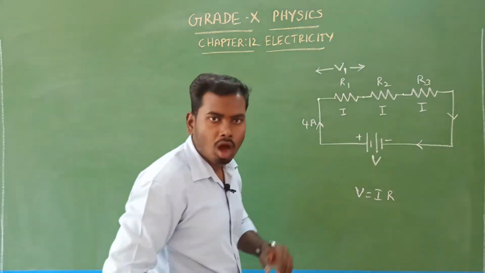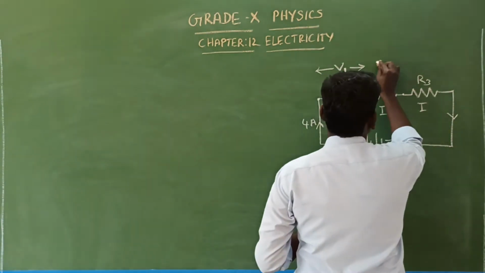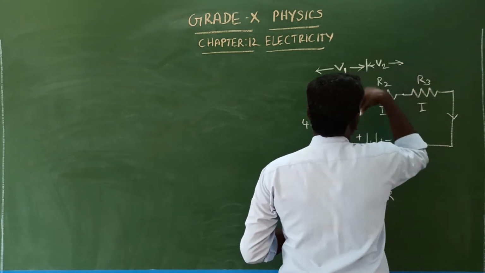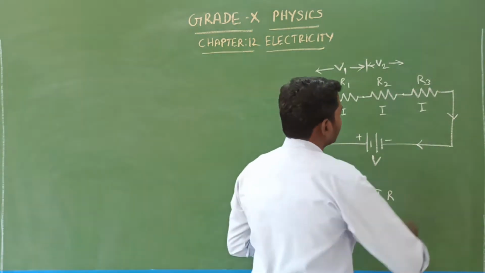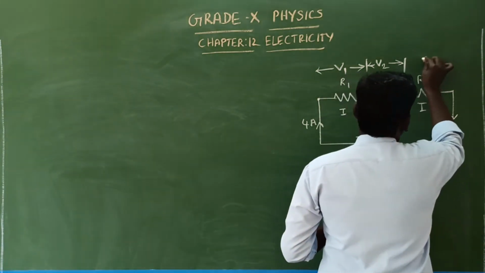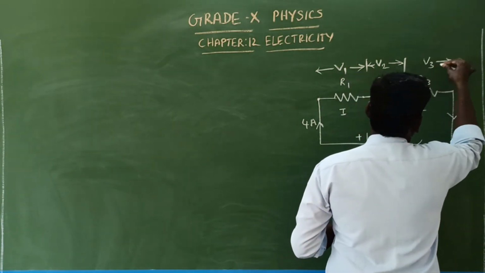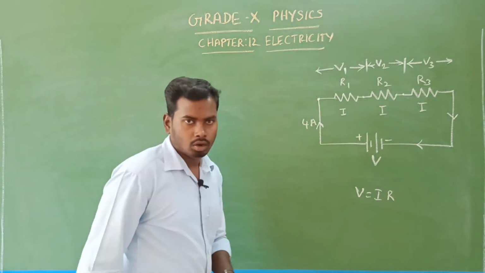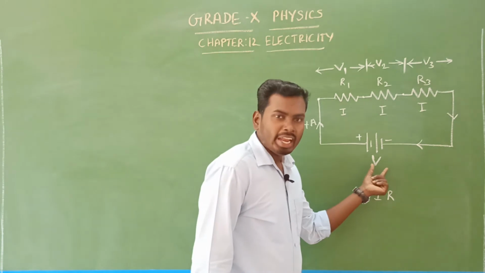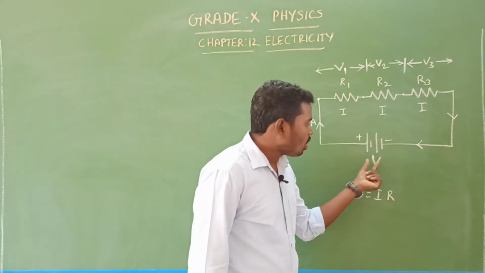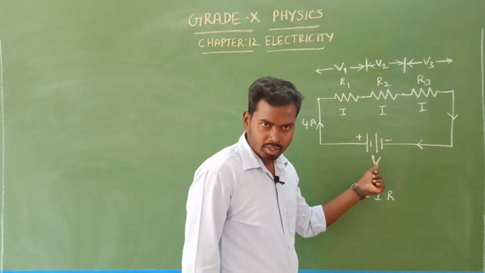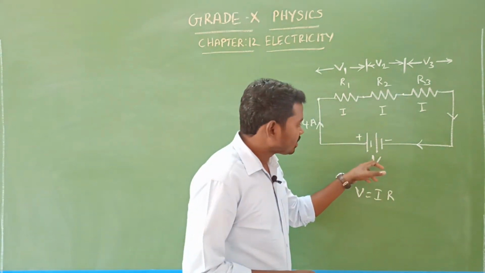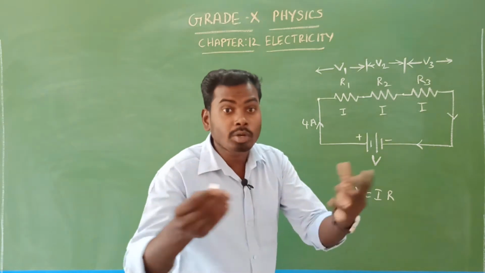Then the resistor R2 will have a different potential difference, V2. Then the resistor R3 will have a different potential difference, that is V3. This is the main voltage, the main voltage supplied by the battery. So when resistors are connected in series, this main voltage gets distributed.